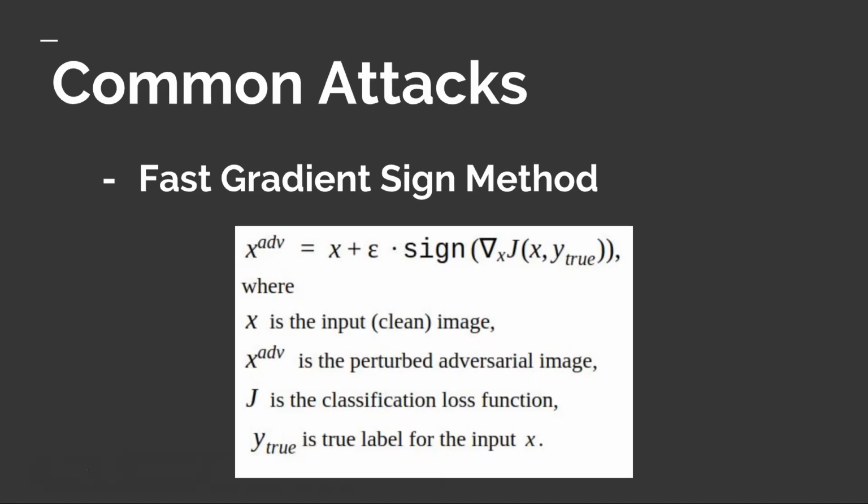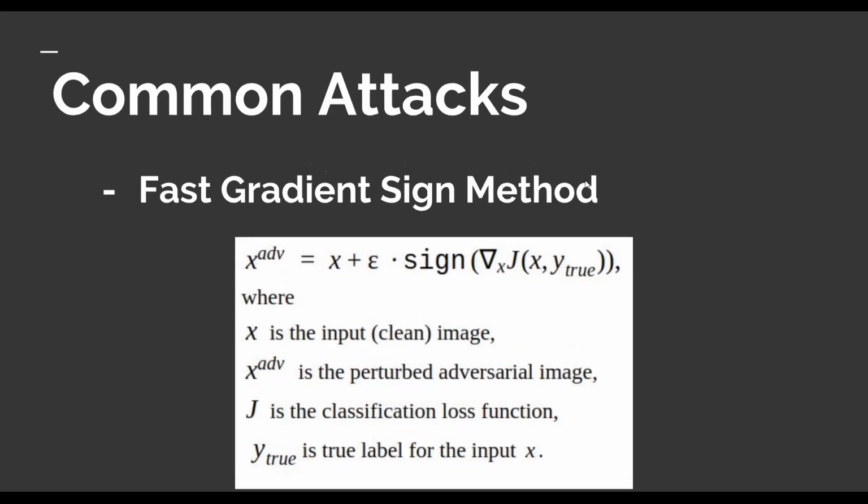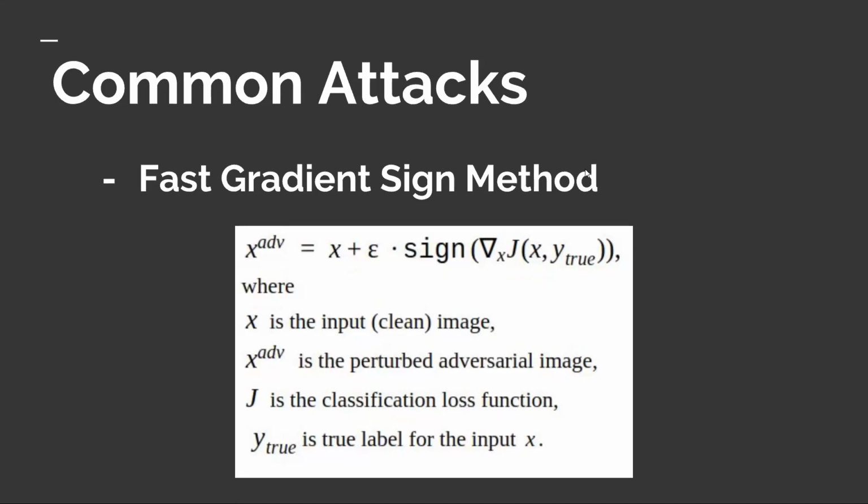So here, instead of tweaking the model parameters, we tweak the image. We take the loss with respect to the image, and then instead of going in a direction which leads to a local minima, we go in the direction opposite to it.